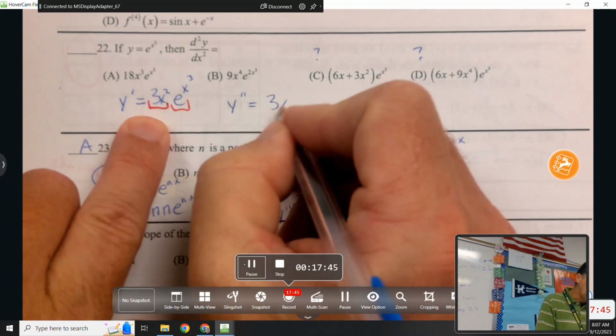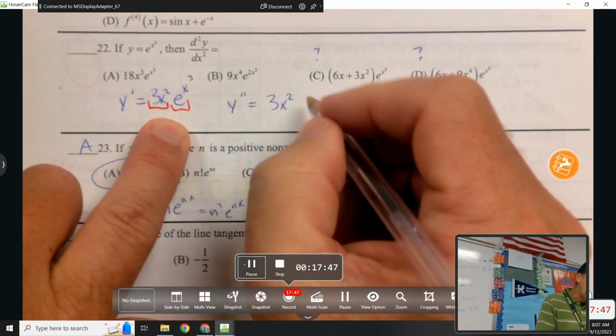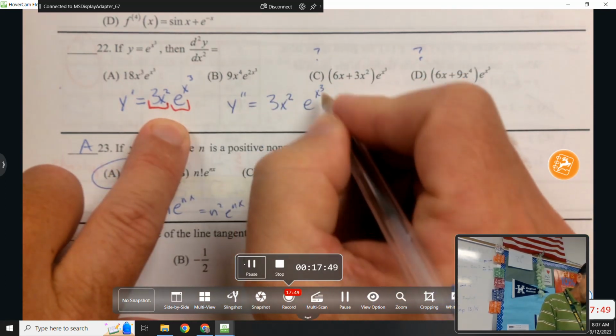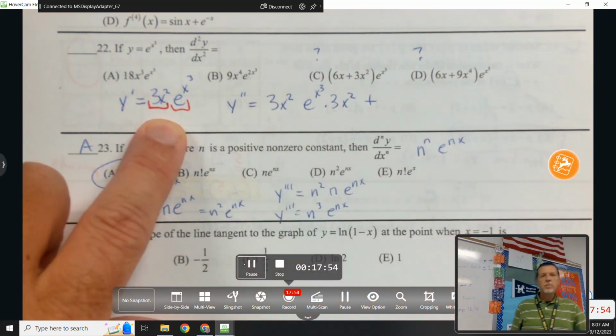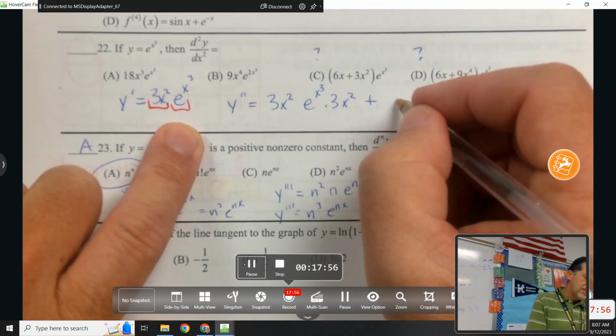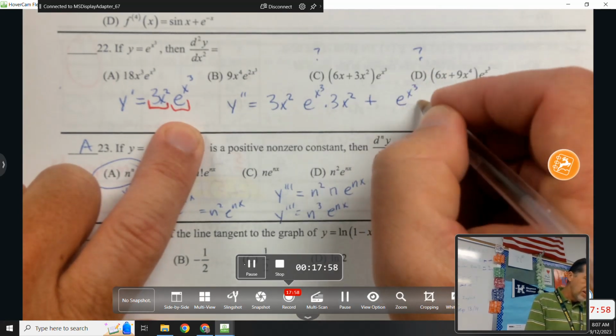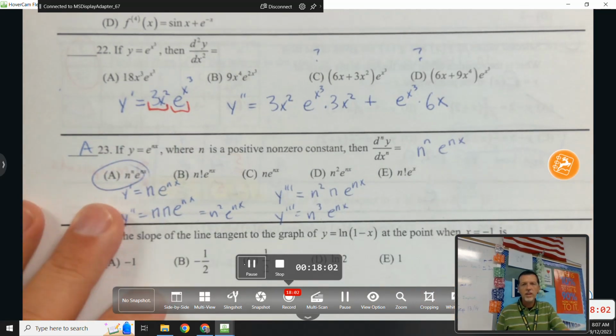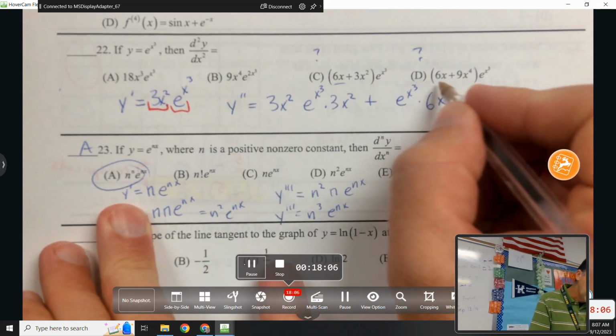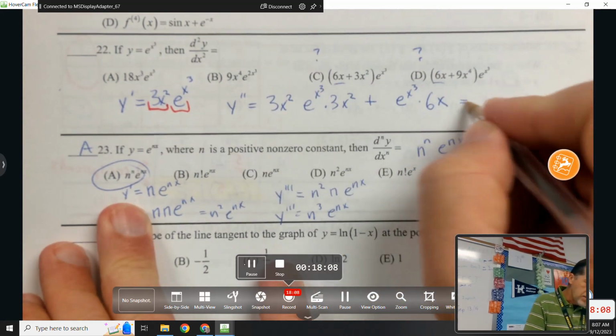Okay, so first times derivative of the second. E to the x cubed times 3x squared. Plus second times derivative of the first, just be 6x. Okay, I like the 6x on both of those, but that's not enough.